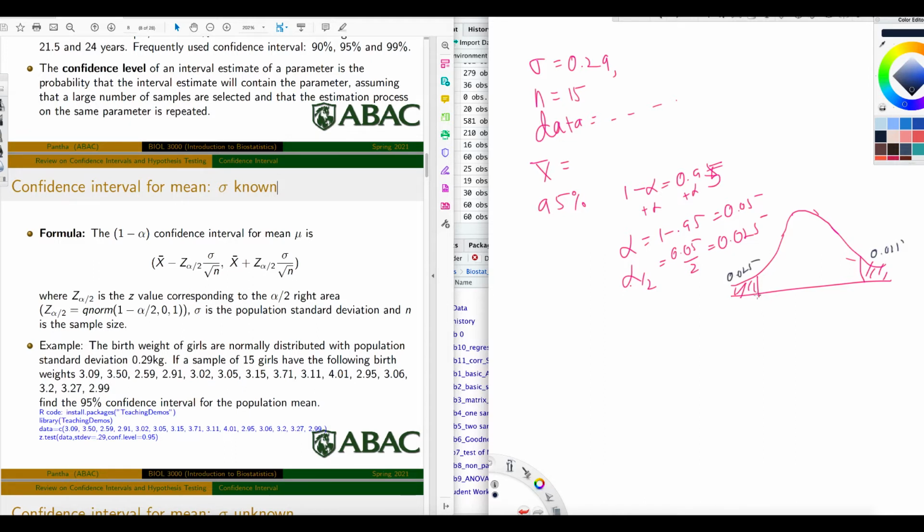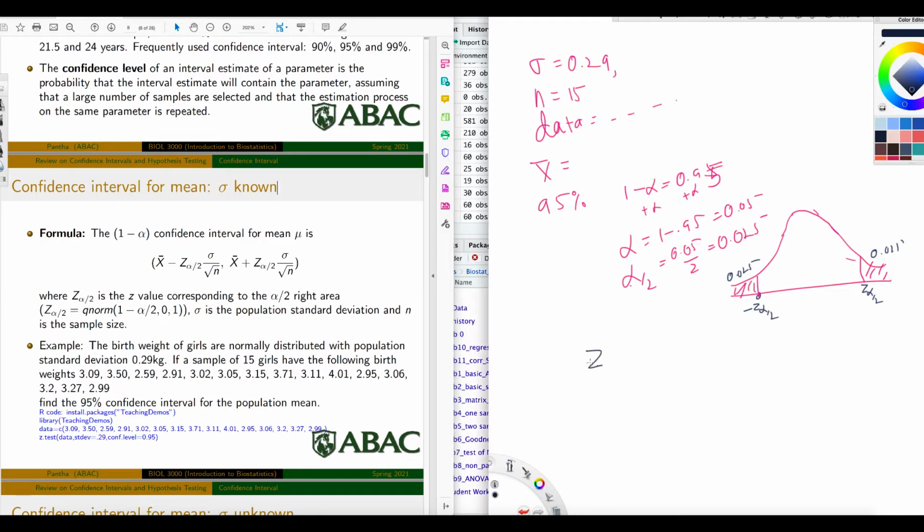You are finding that critical value. We call this negative z alpha half, this positive z alpha half. Okay, so you are trying to find that because we need that in the formula. We have n already, sigma is already there, and what we don't have is x bar and z alpha half. So to find z alpha half, you do 1 minus alpha half, 1 minus 0.025, right?